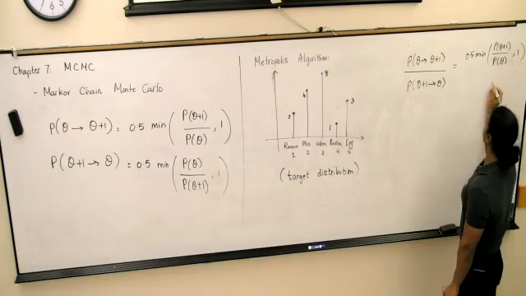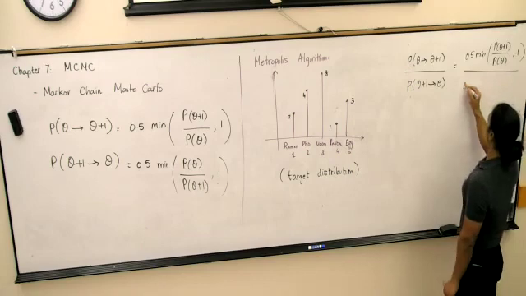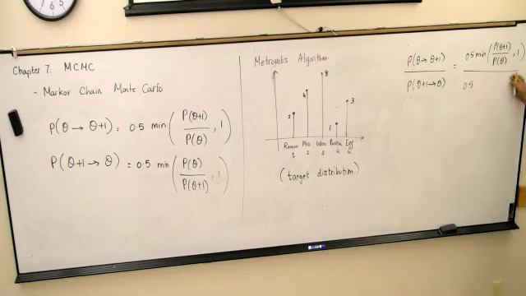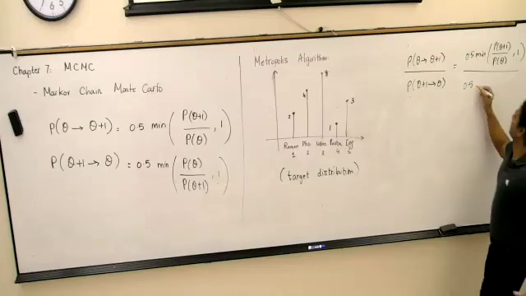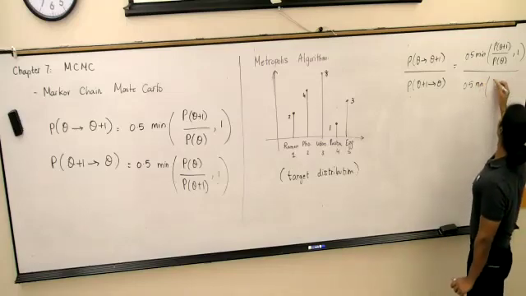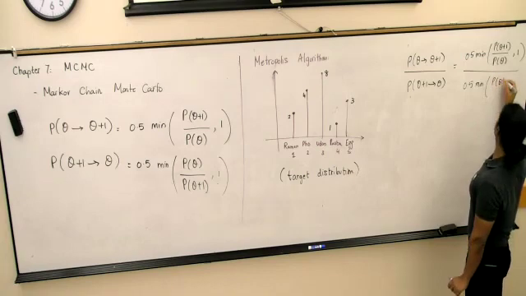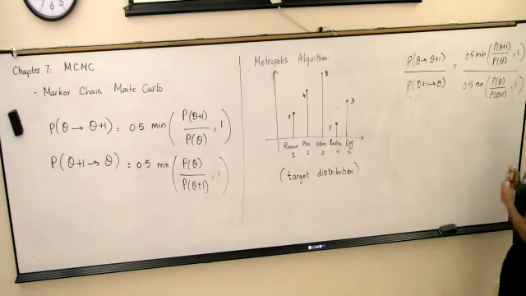What's the motivation again for dividing them? Finding the relative probability of transition. Can you interpret? Give me 1 second. So θ over θ plus 1, comma 1.